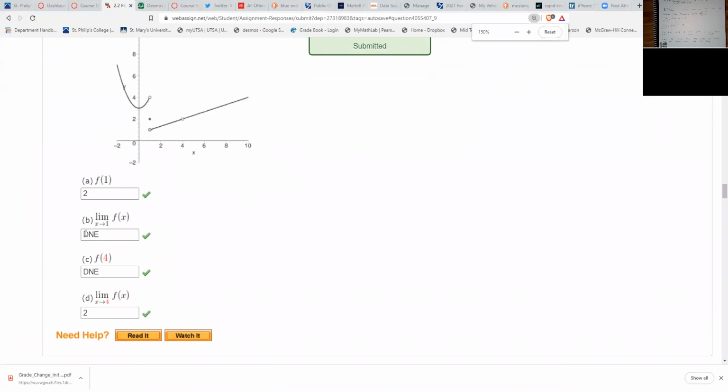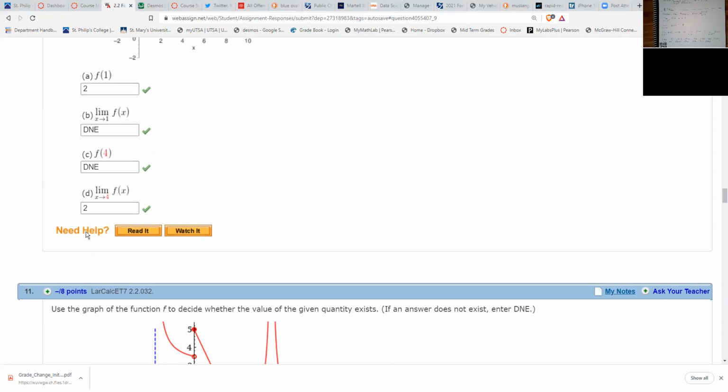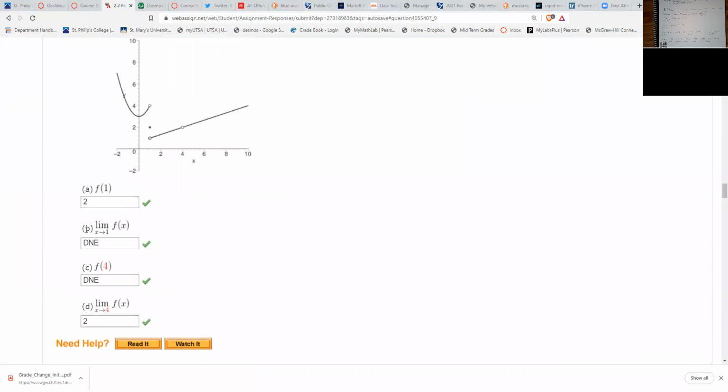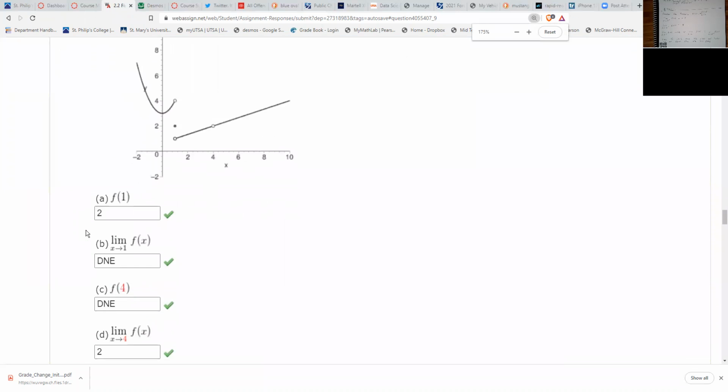Is there any questions about that? Yes, I'm kind of confused as to the difference between limit and the function. Well, the limit is defined by what happens when you're approaching the point from the left side and right side, right?